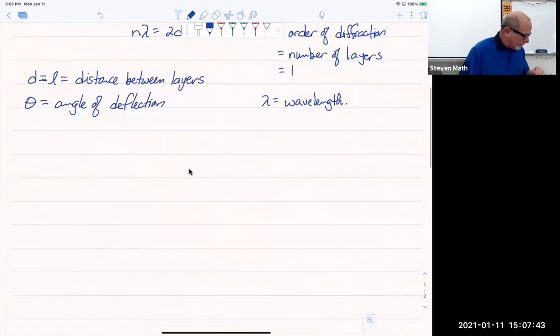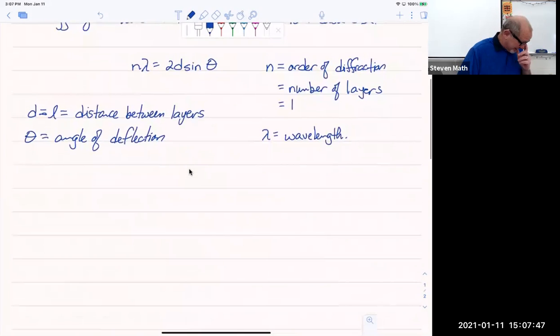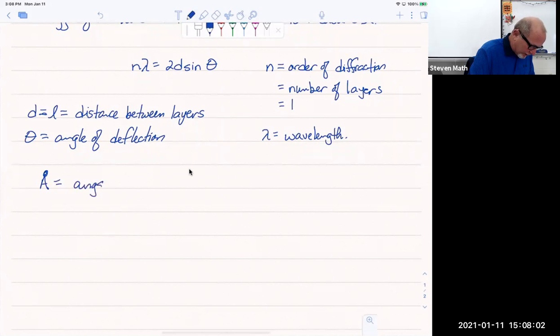Now, there's one other thing that comes up in this, and it's measuring this distance. And quite often, they're going to give you a measurement in angstroms. This funny A with a circle on top of it, that's called an angstrom.